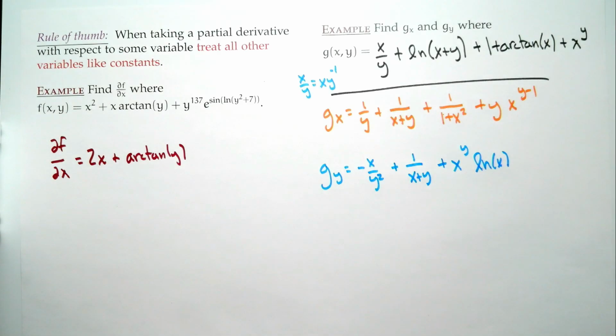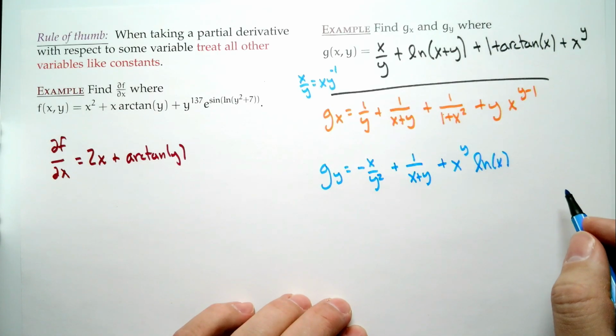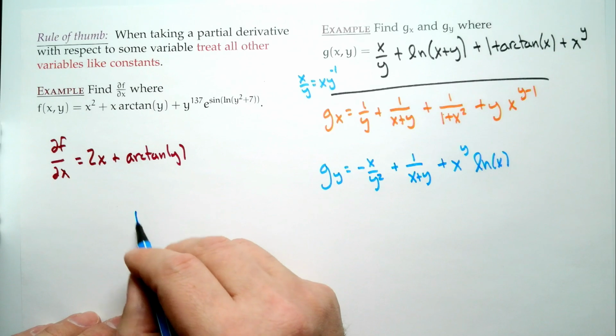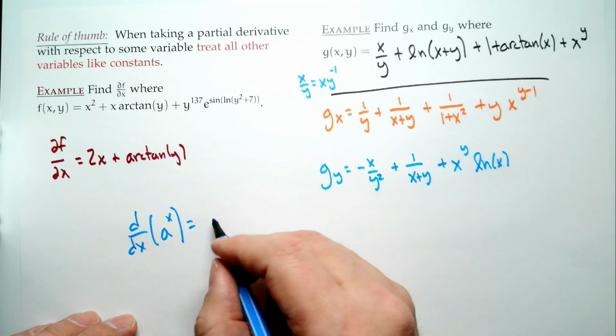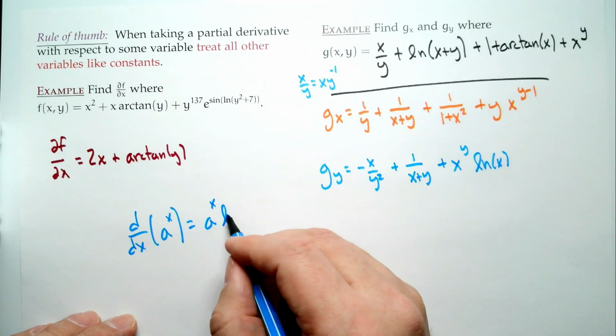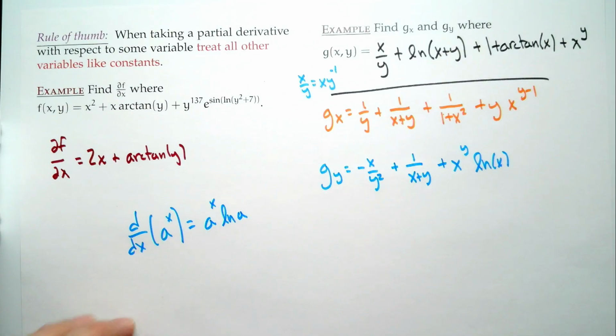So the rule is, you might remember this rule. We'll put it over here. If you're taking the derivative of a to the power x, it's a to the power x times the natural log of a. So like derivative of e to the x is e to the x. Well, it's really e to the x times the natural log of e, but the natural log of e is 1. And that works for any base a.